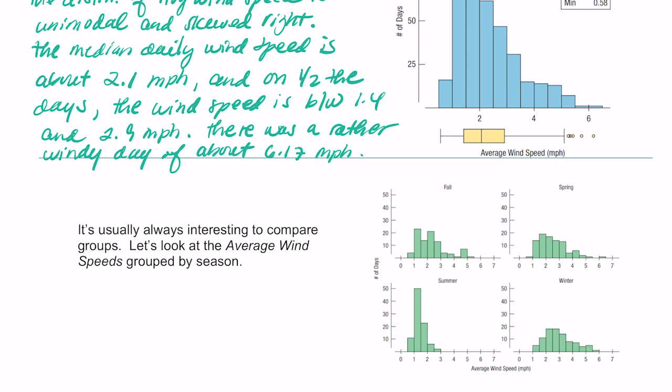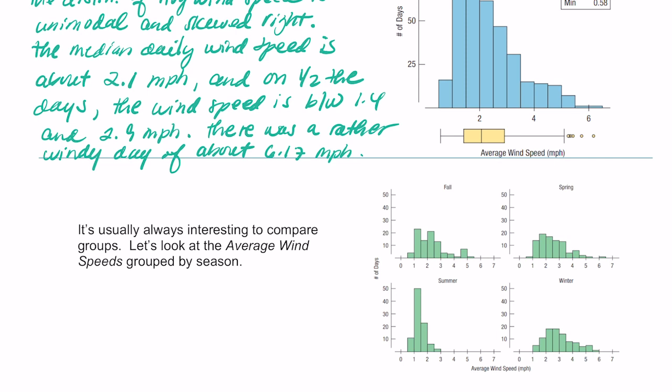If you noticed right away, fall, spring, and winter are pretty much similar. Summer really stands out. What we notice about the summer is we've got our average wind speed along the horizontal axis. There were a lot of days where the wind speed was between 1 and about 1.5 miles per hour, and that's relatively calm.